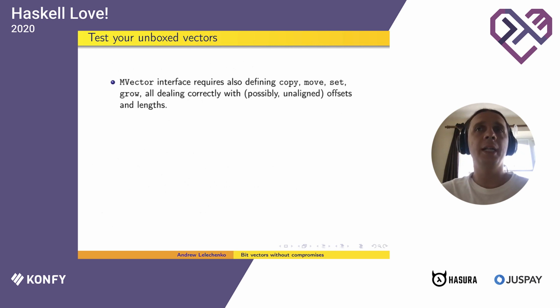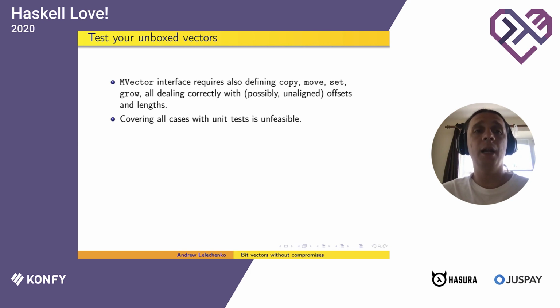Defining vector and mutable vector instances also requires defining some blockwise functions like copy, move, set, grow, and all of them need to deal correctly with offsets and lengths of our vectors, and all of them could be sub-word size and even sub-byte size. So it's a bit difficult to write all of them correctly from the very beginning.